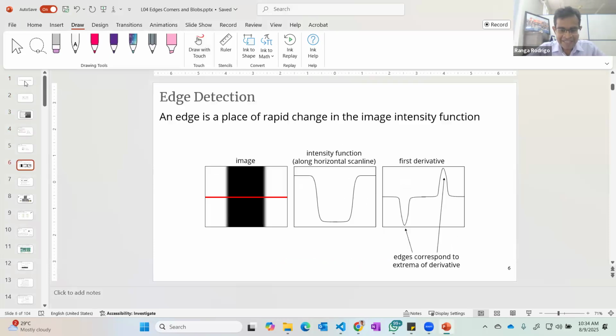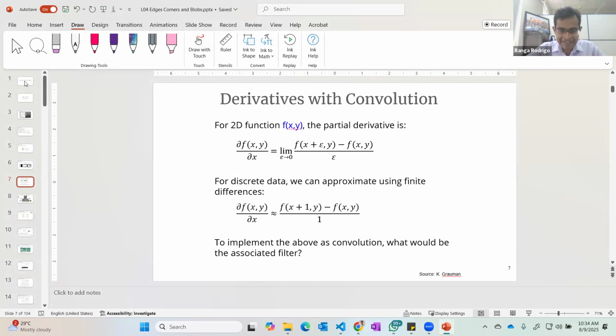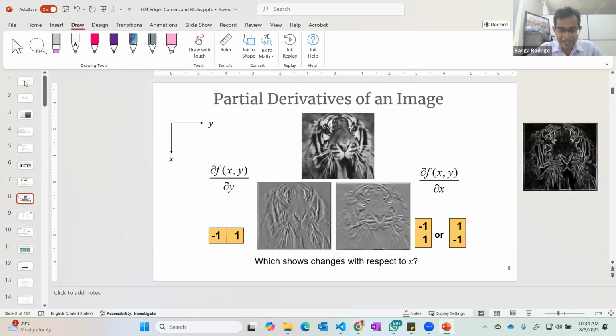And there we realized that it's the derivative operation that we are talking about. And we were able to design kernels like this for edges. And these kernels are very simple kernels.